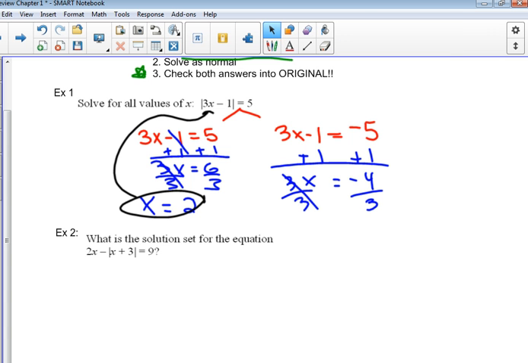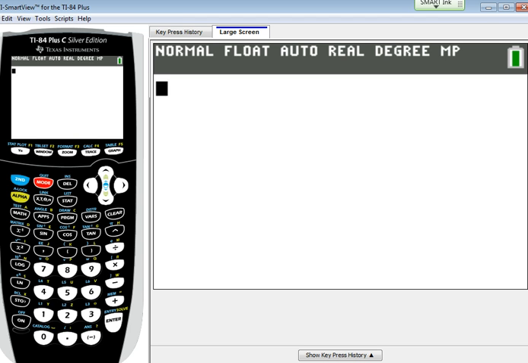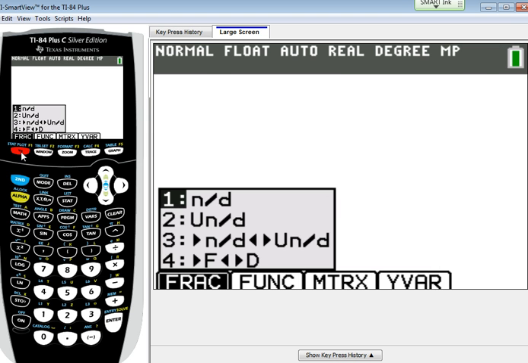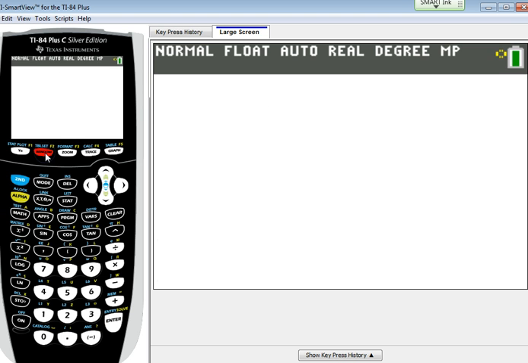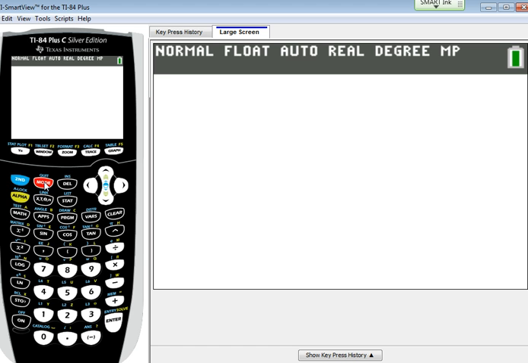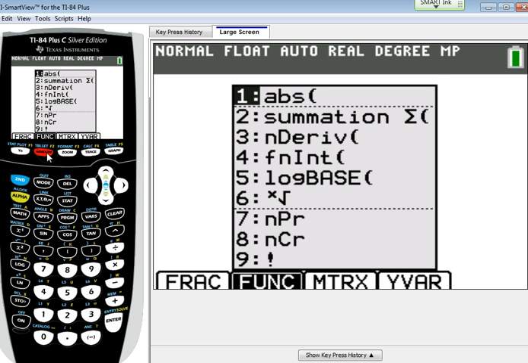But if you just want to put it in on your calculator, go to alpha window. There it is. So alpha window, this ABS, that's your absolute value.